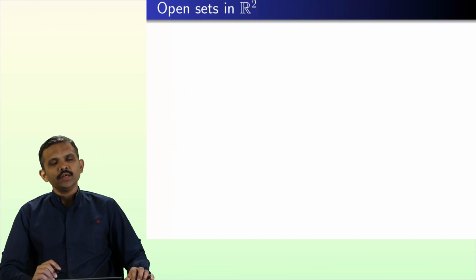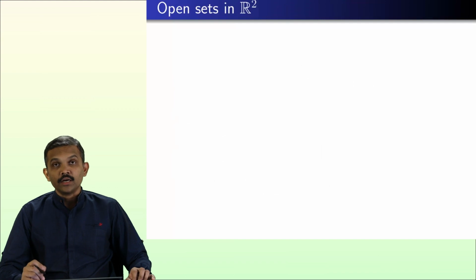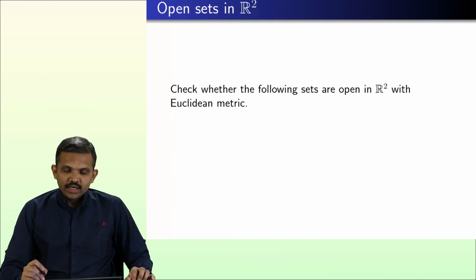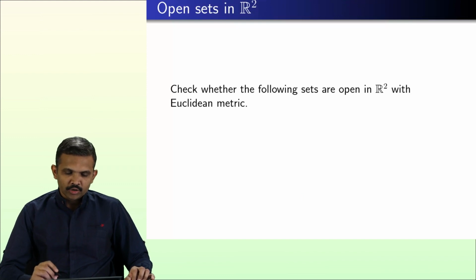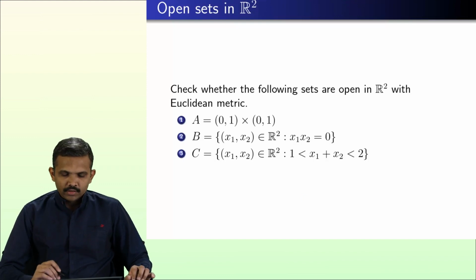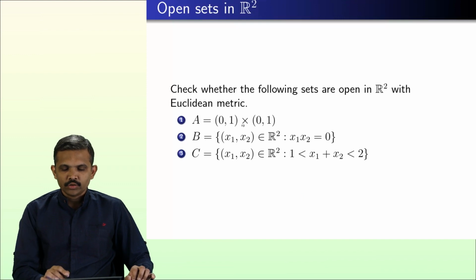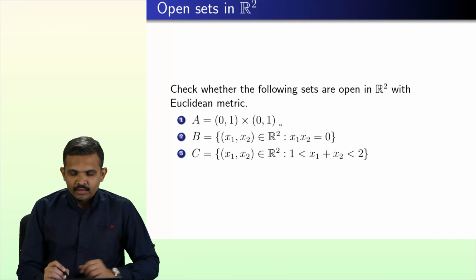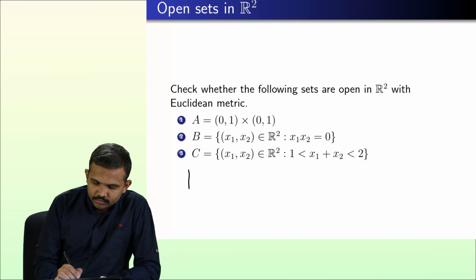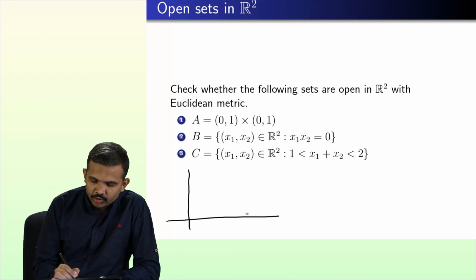Now, quickly let me get into the open sets in R2. So, let us deal with a few examples. The first example is in R2 with Euclidean metric to begin with. Let us deal with open (0,1) cross open (0,1). Now, how does the set look like? So, let me draw it over here.